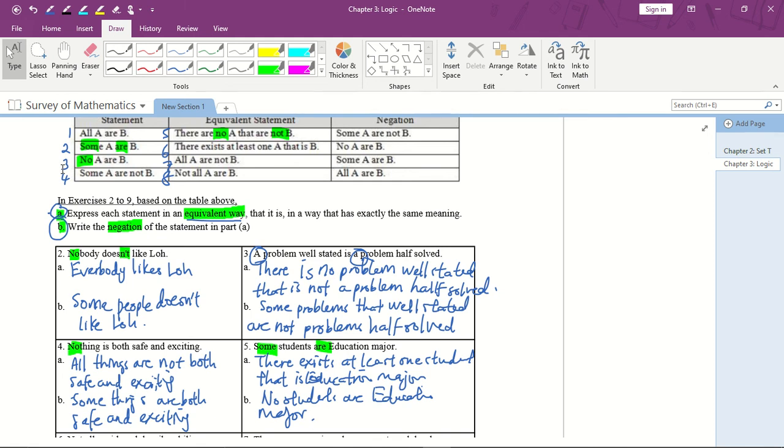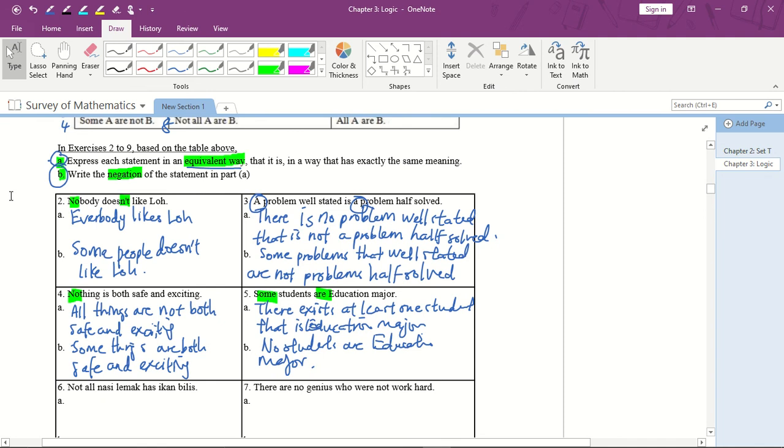Okay, if you notice, here says not all nasi lemak has something. Here, not all has. So here also there is one: not all has, or in this case are. And actually it is the same as the statement here. In this case it will be this one, some A are not B, as its equivalent statement.